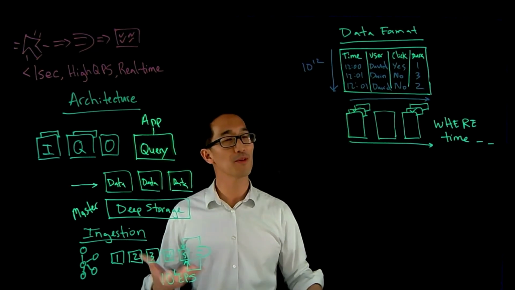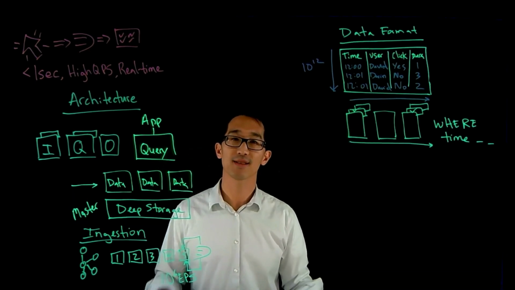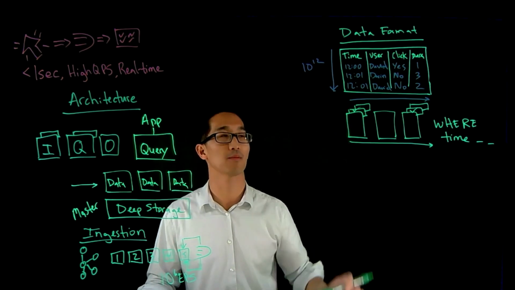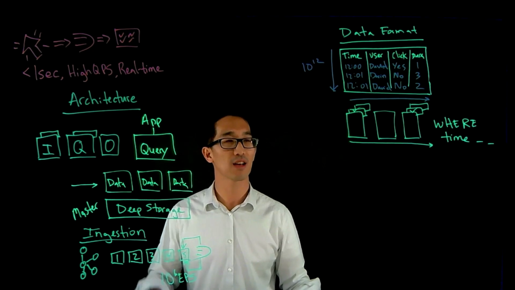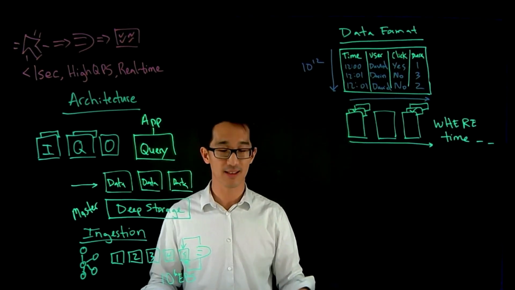Now, one dimension we talked about when it comes to data format is the segment design. The second thing that's important to look at is what's actually happening within the segment. How is Druid storing data in a segment that could help with the performance of queries? That's where some really interesting things happen.